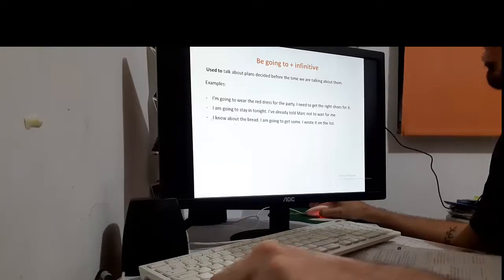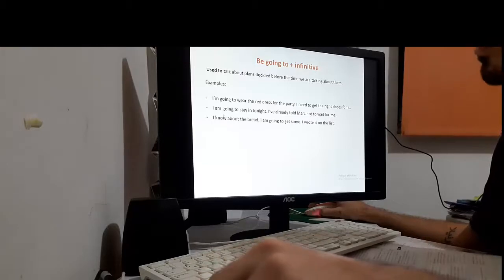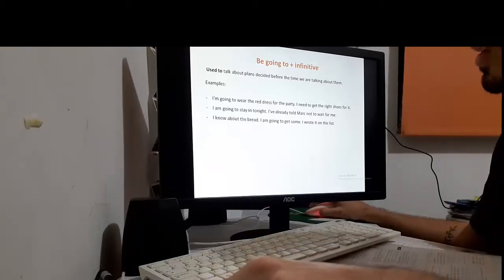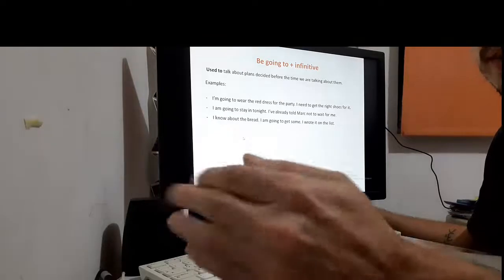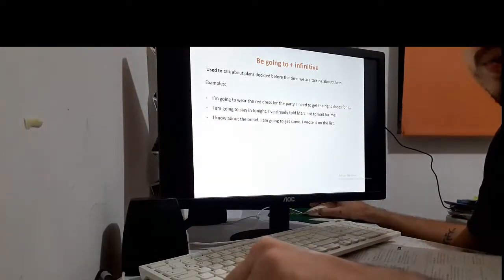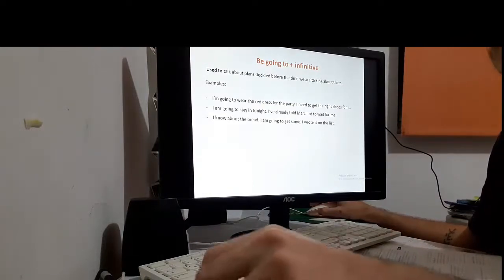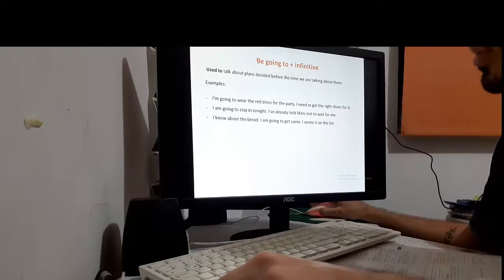This is something that you already know, and you are going to plan to do this thing. You are going to buy some bread in the future, but you already knew that you had to buy that bread. This is the difference.